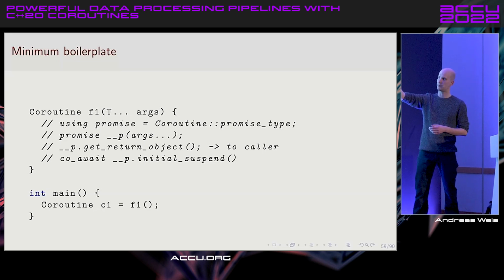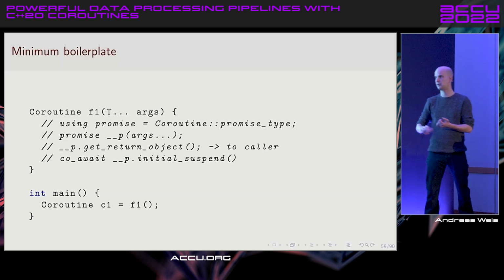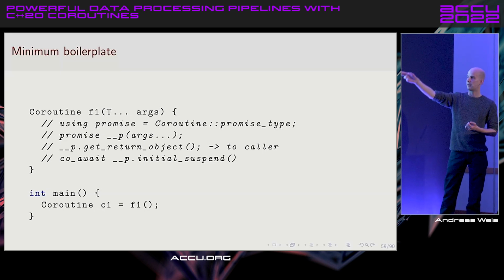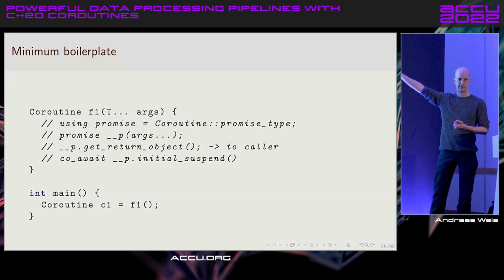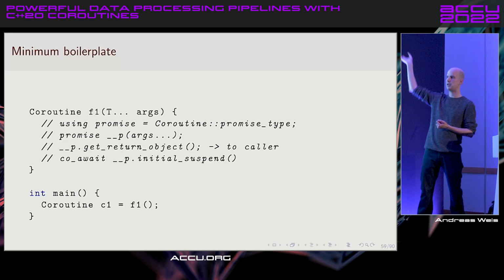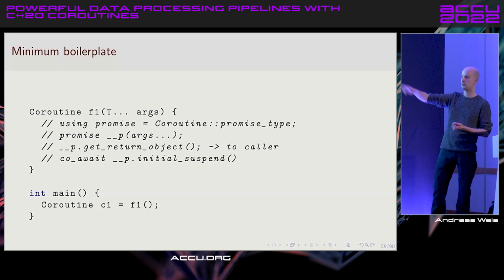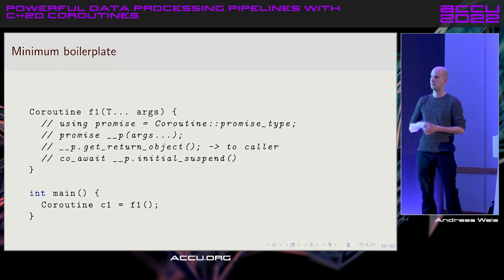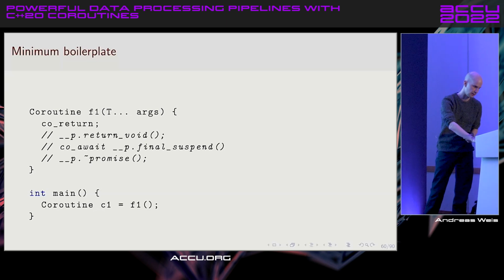The constructor arguments to the promise are the same as the arguments that were passed to the function initially. Then I'm going to call getReturnObject and store whatever return object is returned there away to pass to the caller later. And then the compiler is going to call co-await on this initial suspend. And what the co-await really does, we will see in a second.